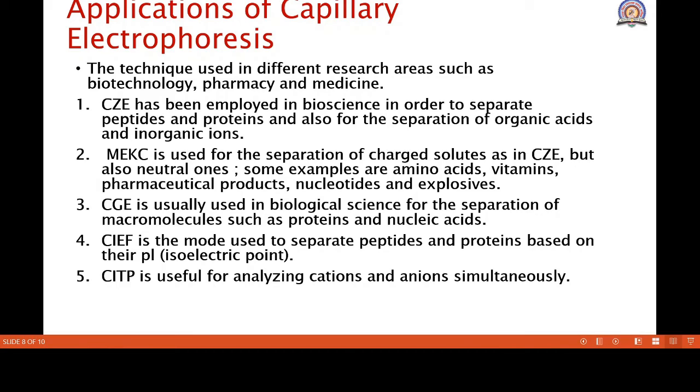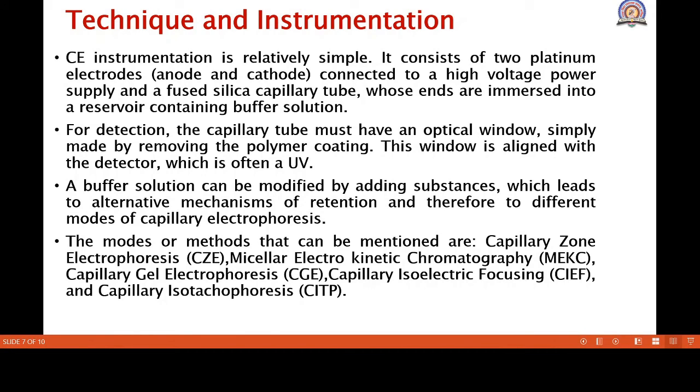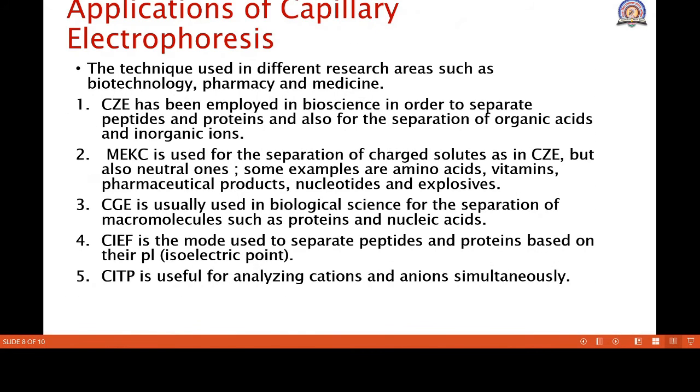Then the last point, that is the application of capillary electrophoresis. The technique is used in different research areas such as biotechnology, pharmacy and medicine. CZE, capillary zone electrophoresis, has been employed in bioscience in order to separate peptides and proteins and also for the separation of organic and inorganic ions.